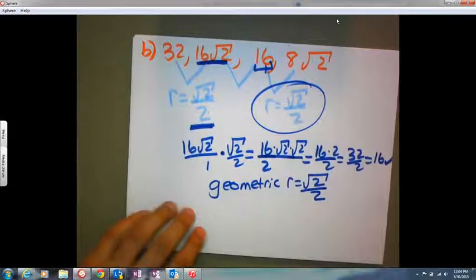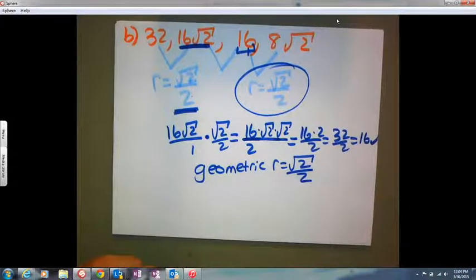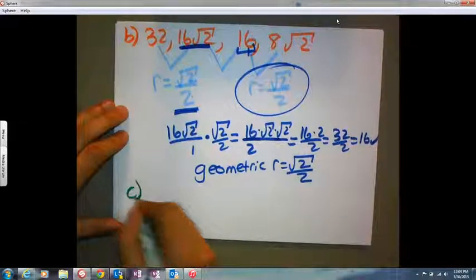Questions on part B? Okay, let's go to C. C is purely, do you know the formula or not? That's all it is. C says, what is the nth term of this sequence?